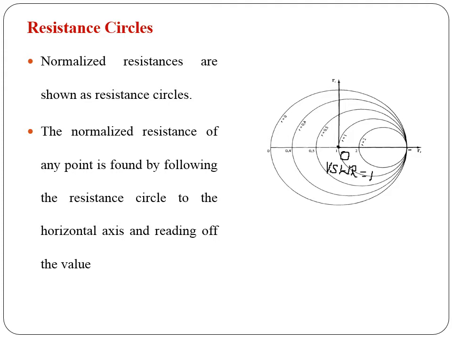At this point, VSWR is equal to infinite. At this point, VSWR is equal to 0. On the horizontal axis, we read the resistance circle values.